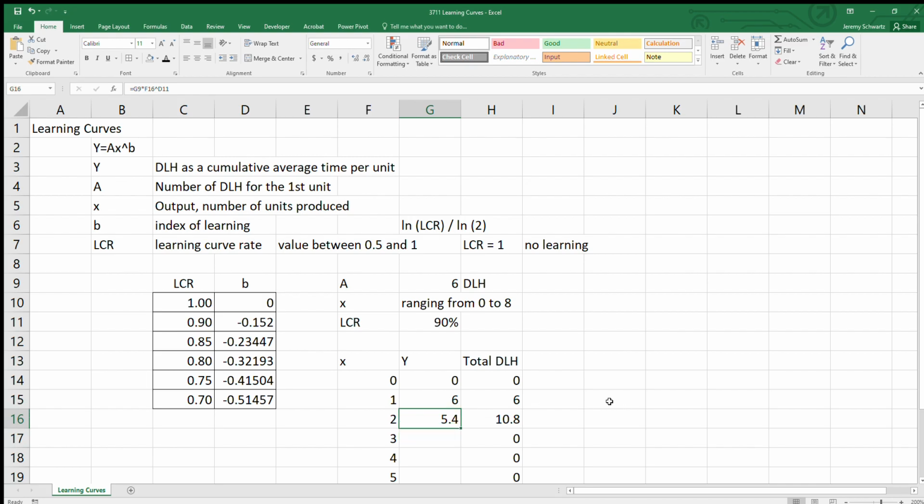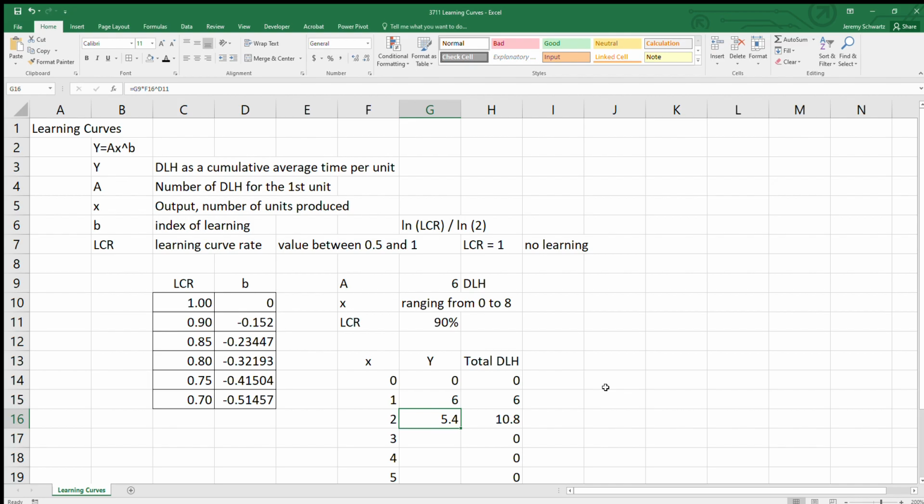So as we double production, in other words, as we go from 1 to 2, notice that the average has gone from 6 to 5.4. Now, keep in mind, this is the cumulative average that has fallen.